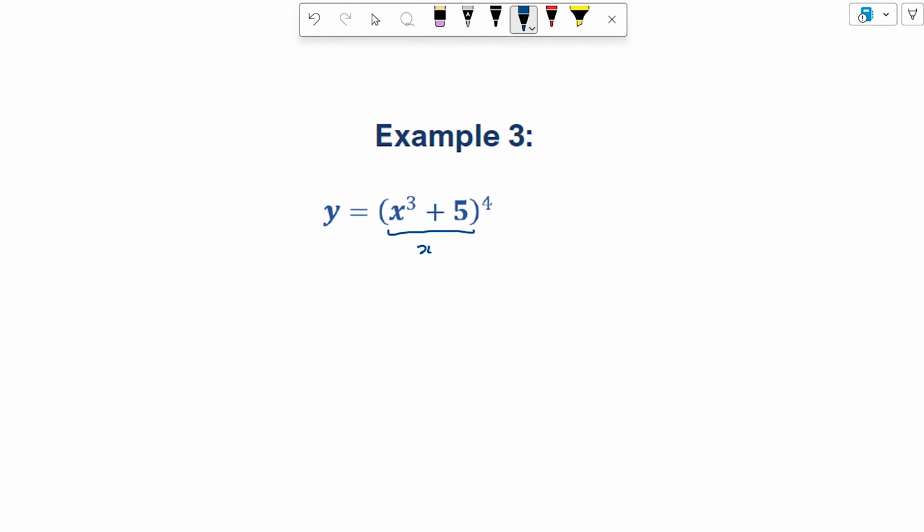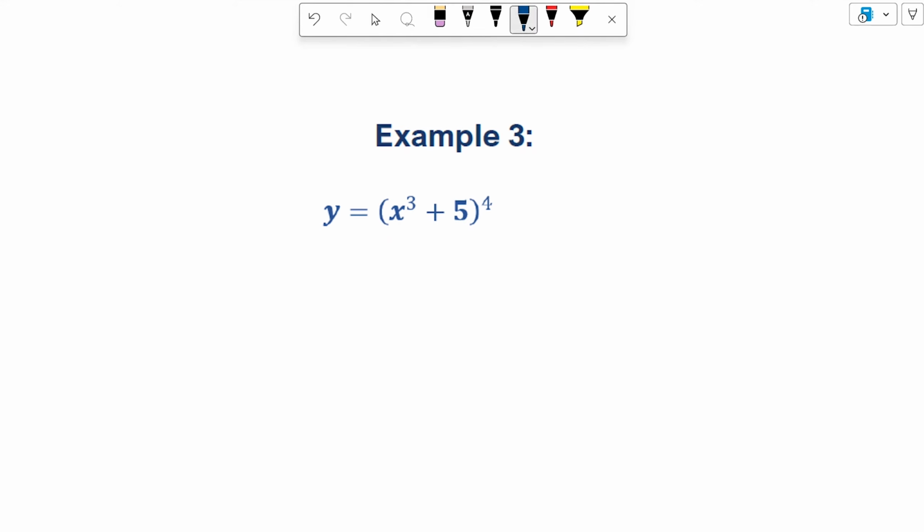So y is equal to x raised to the power of 4. Now, dy over dx is equal to, bring down the exponent and subtract it by 1. That's going to be 4 bracket. I'm not going to write, okay, this is a bit complex the way I'm explaining it.